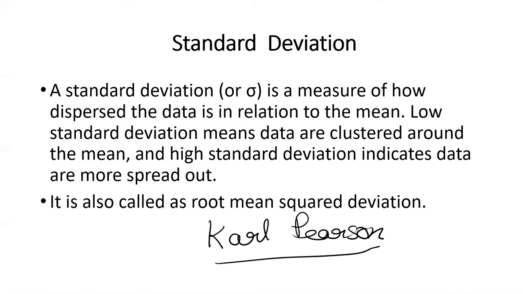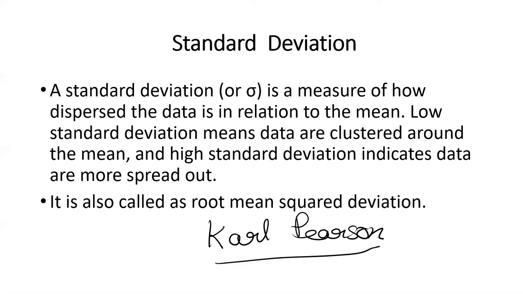The standard deviation tells us how far the values are from the mean. Low standard deviation means the data are clustered around the mean. When the values are close to the mean, the value of standard deviation will be low. When the value of standard deviation is high, the data is more spread out, and the values are away from the mean.